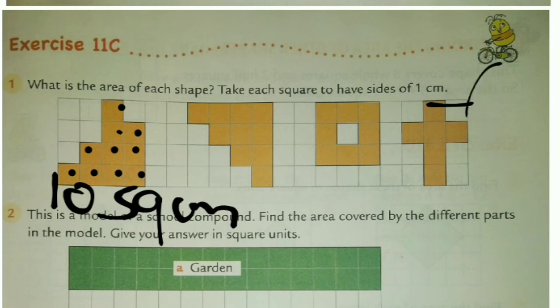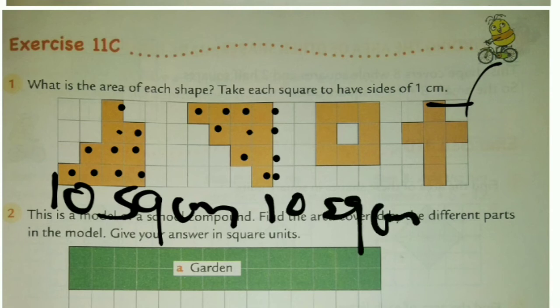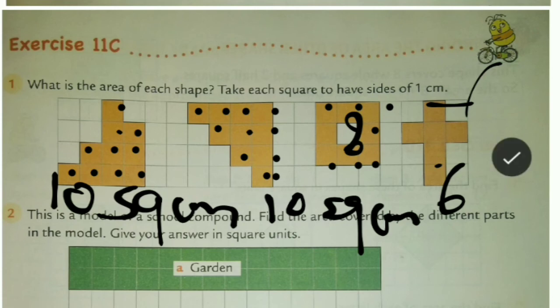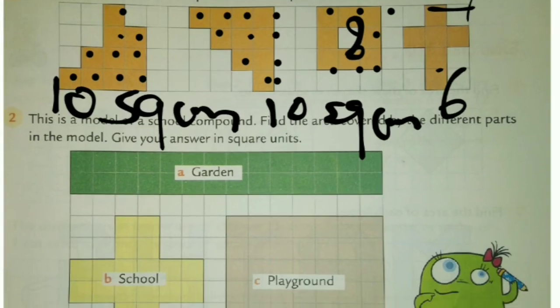Because it is showing centimeter. This one 1, 2, 3, 4, 5, 6, 7, 8, 9, 10. So this also has 10. We can write here 1, 2, 3, 4, 5, 6, 7, 8. So here you can write 8 and this is 6. You can write there 6 square centimeter.